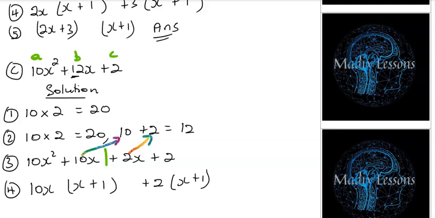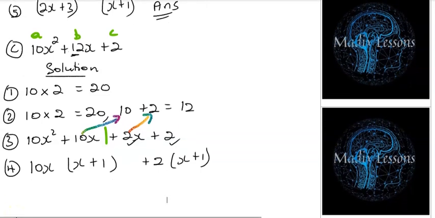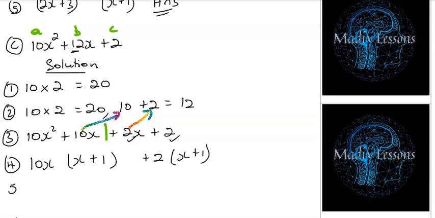Why plus 2? Because 2 times x is going to give us that 2x there, and 2 times 1 is going to give us back that 2. So our answer, guys, that is our step number 5, is 10x plus 2 and x plus 1.